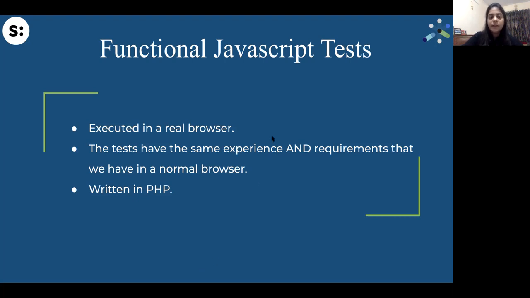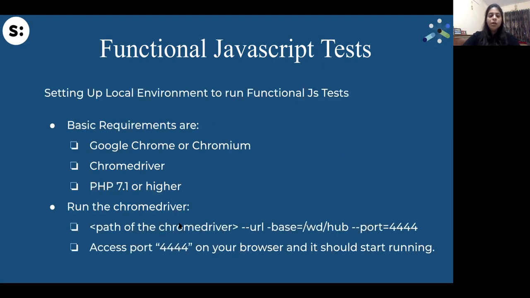So for testing any JavaScript behavior, you have to write functional JavaScript tests. These tests are executed in a real browser, so you have the same experience as you will have in a normal browser. Also, these tests are written in PHP. There are some basic requirements that need to be set up before we write functional JavaScript tests. You should have Google Chrome or Chromium on your system.